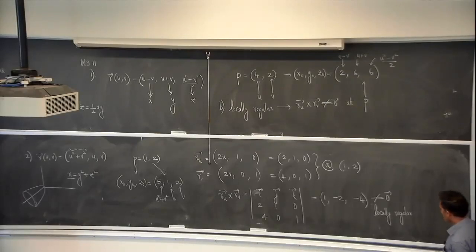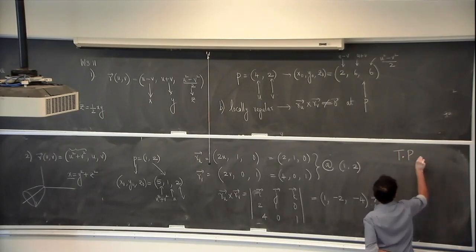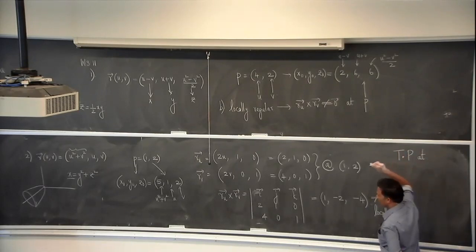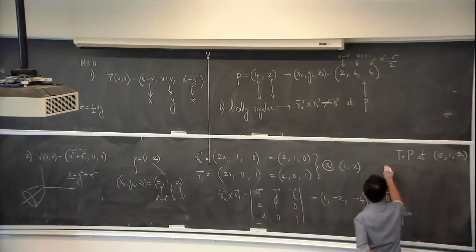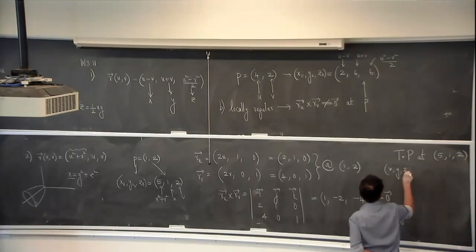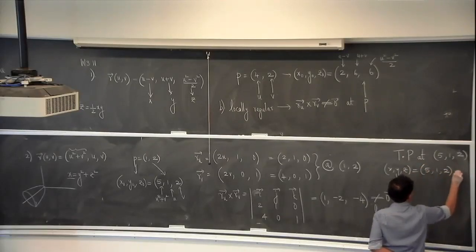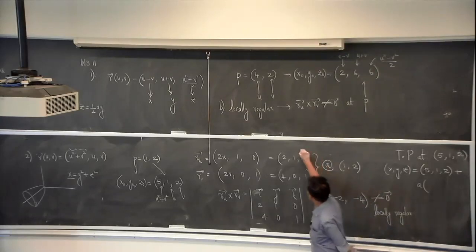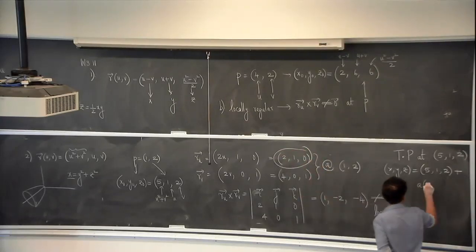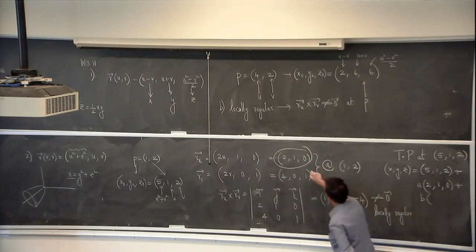So in a parametric form, you can represent the tangent plane to that surface at that point, at the point 5, 1, 2, as x, y, z equal to 5, 1, 2 plus some parameter a times the first partial derivative, which is 2, 1, 0, plus b times 4, 0, 1.